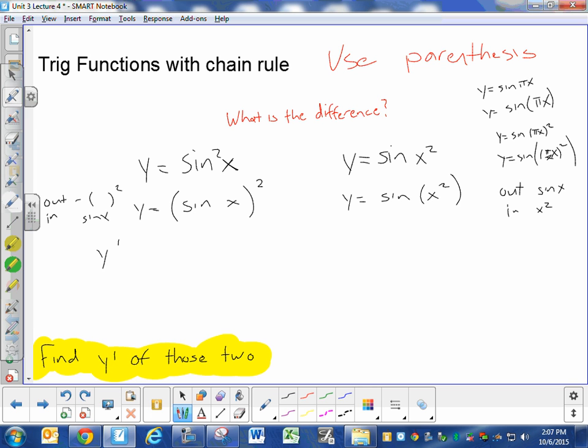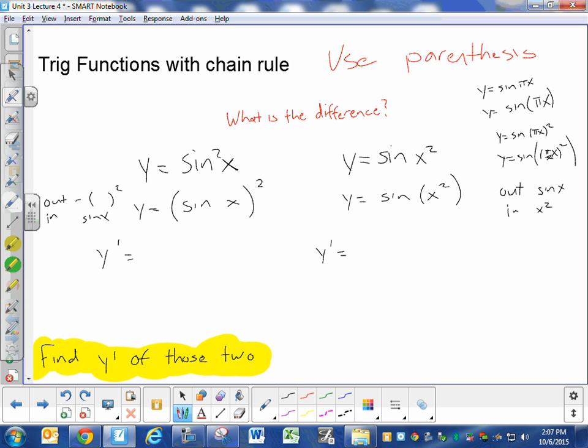And that's our next step, to find the derivative of these 2. Okay, go ahead and do it. See what you get. Check your answer with your neighbor.